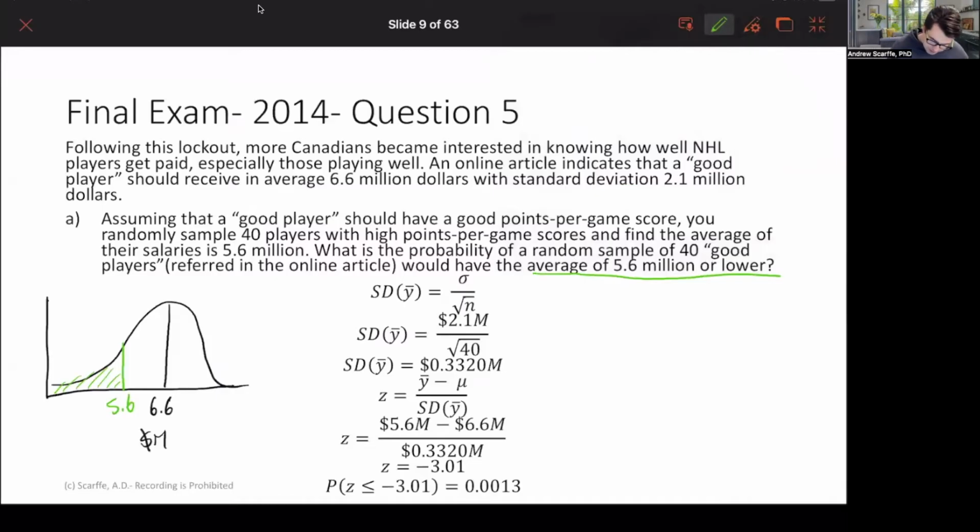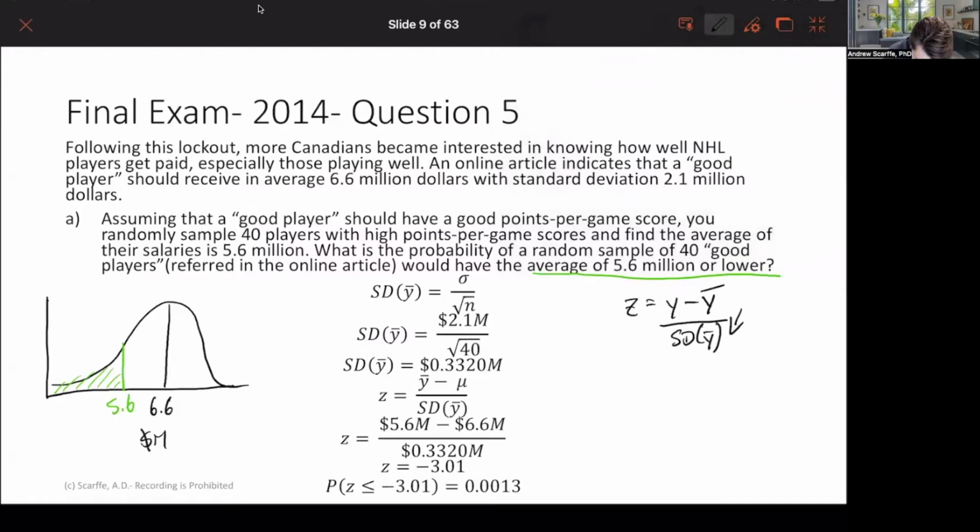So we can calculate our Z score. Z is equal to the observed value of Y bar minus the expected value of Y bar divided by the standard deviation of the mean of our sample. In this case, we do not know the standard deviation of the mean of our sample, so we are going to go ahead and calculate that.